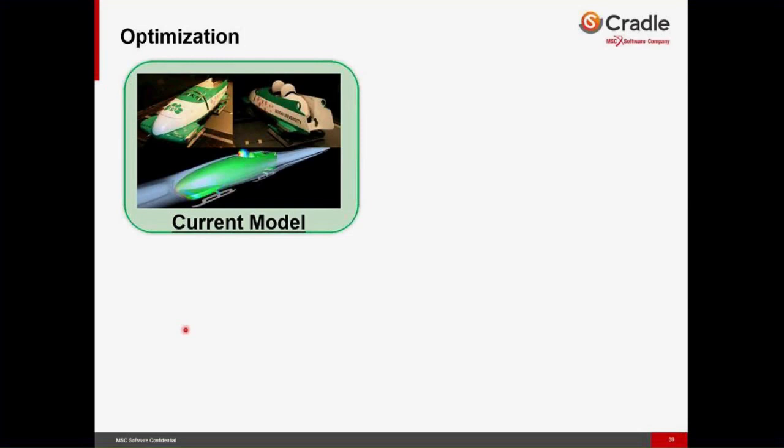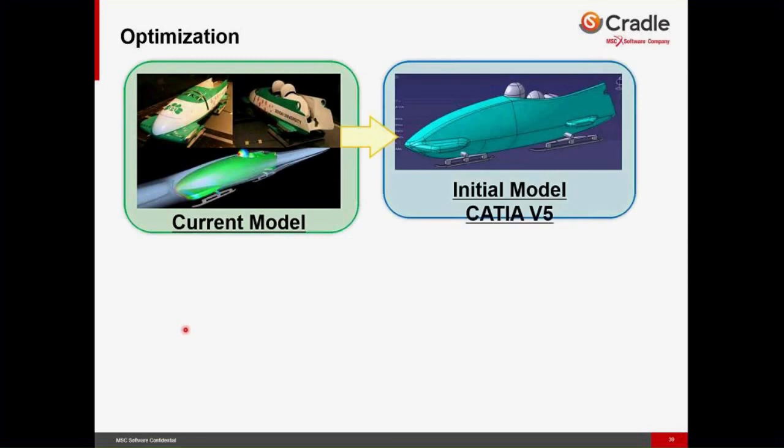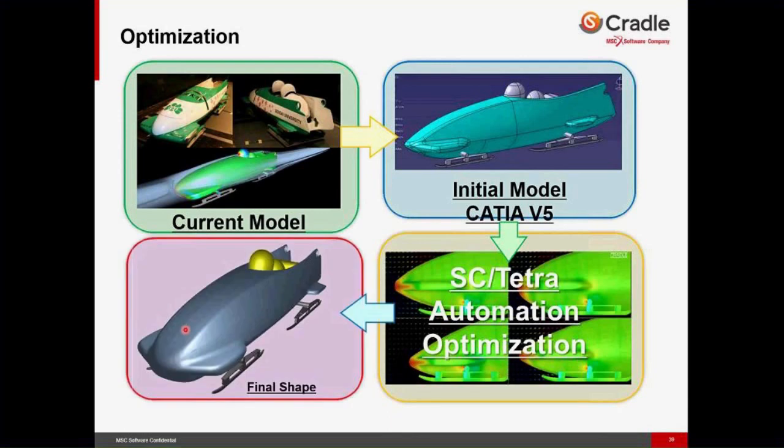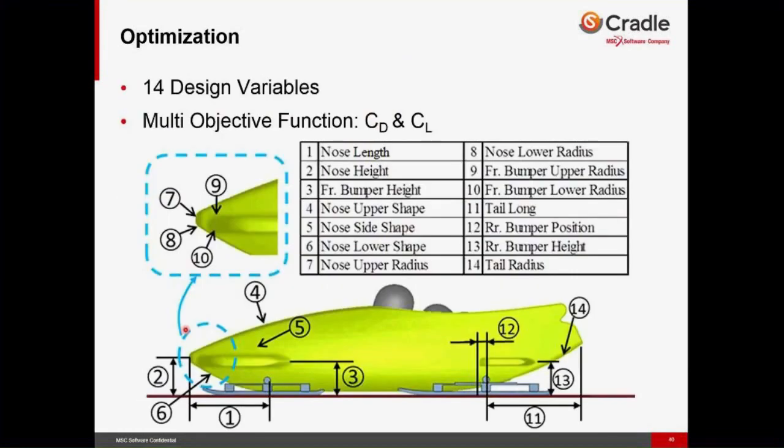So what we did was that we started with an existing bobsleigh model. We did 3D scanning and created a CAD model. Using SCTetra and SCTetra's automation and optimization tools, we optimized the shape. A little bit in detail, there are 14 design variables.